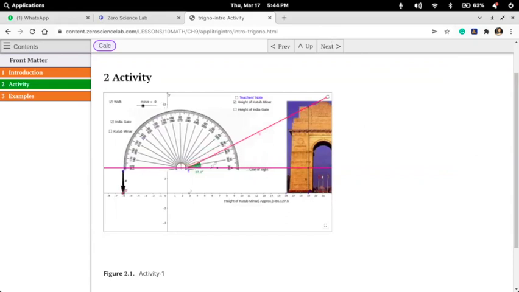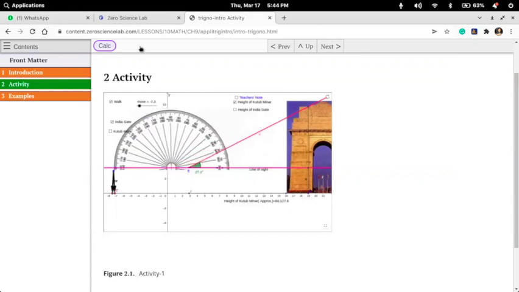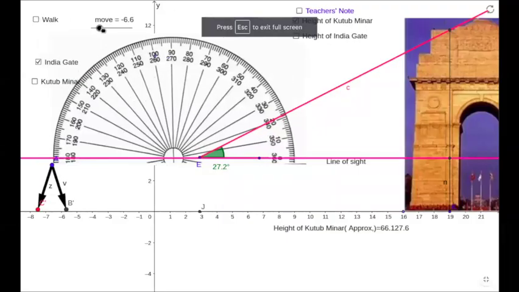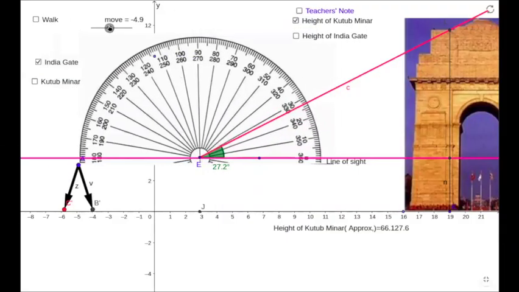So now look at this. This is what the principle is. Suppose this is your height, right? You are viewing this one from this point, right?